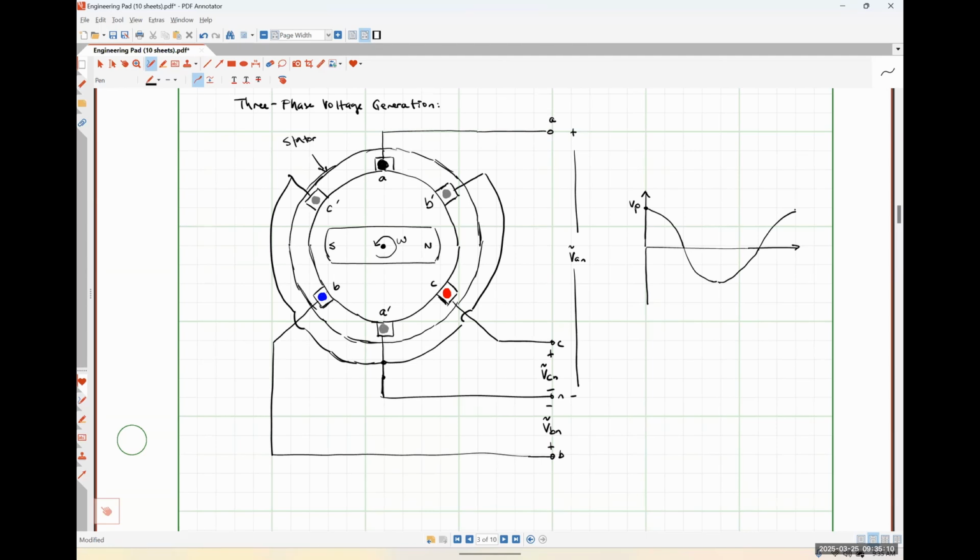So after my bar magnet spins by about 60 degrees from what I have right now, I should see that the B phase of my voltage is going to be at its maximum. So it's going to happen effectively a little bit later in time, right? So we might have our B phase hitting its peak value, let's say roughly here.